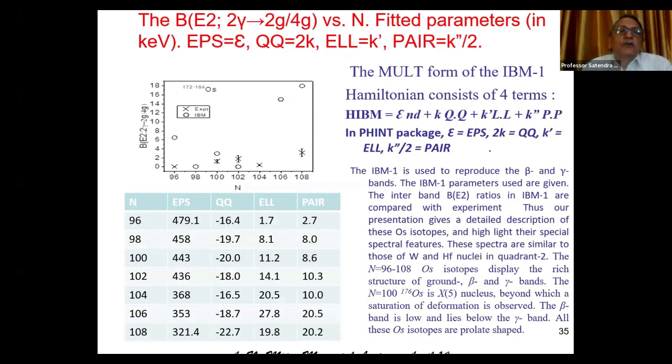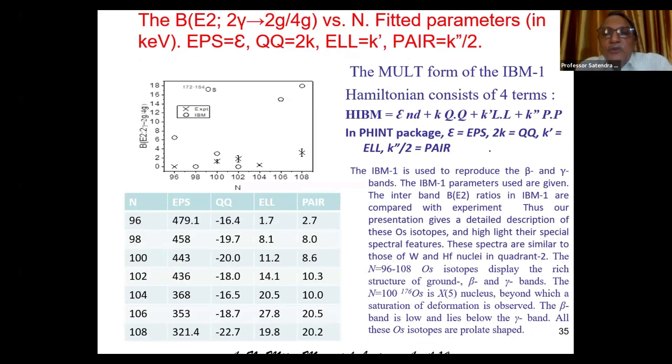Yes, this. Here the optimized parameters are listed for the various nuclei, N equal to 96 to 108. And 2 gamma to 2 ground by 4 ground is also shown here.